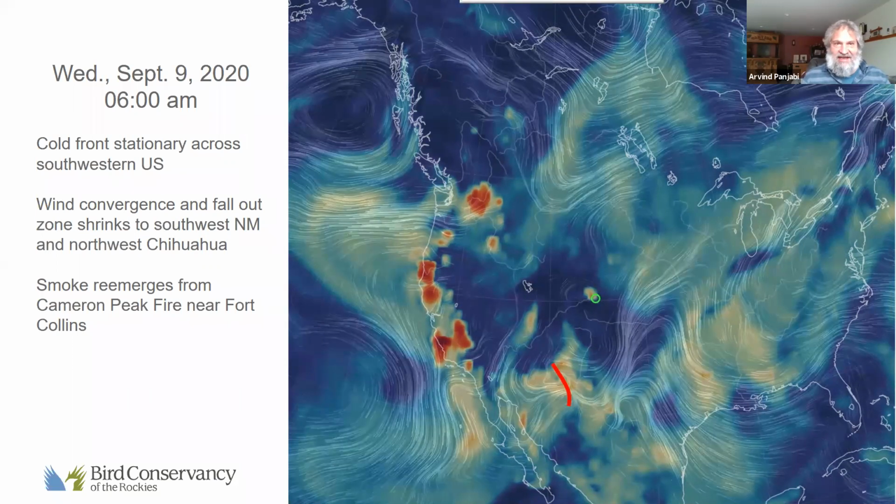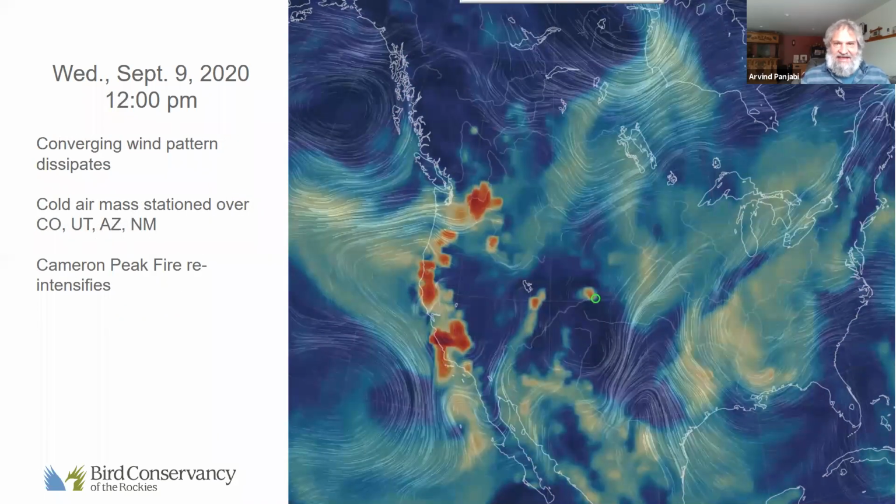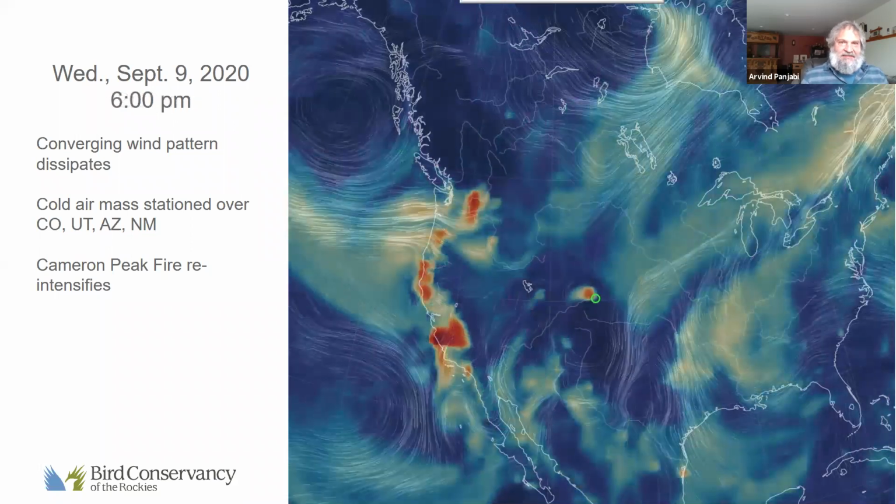And you see already here, just one day after the storm, the smoke reemerging from the Cameron Peak fire by Fort Collins. And later that day, again, not much has changed with the storms. The winds have largely dissipated in the south, but again, the smoke already reemerging from the Cameron Peak fire after that intense storm. And so it remained.